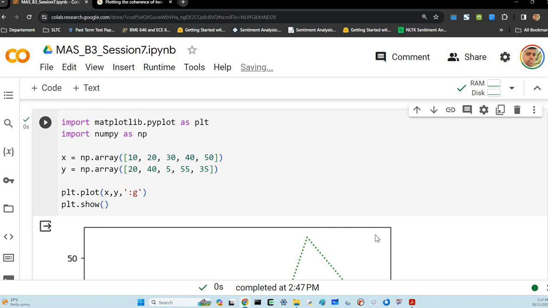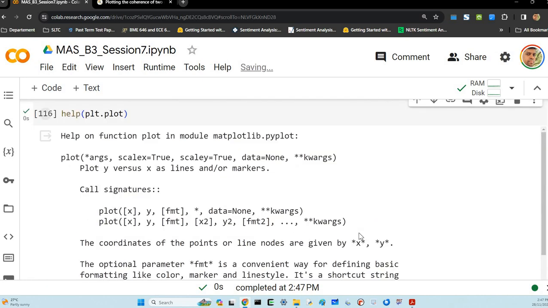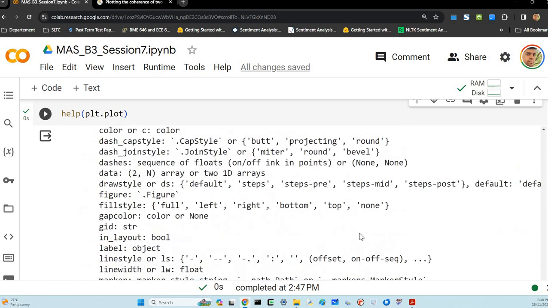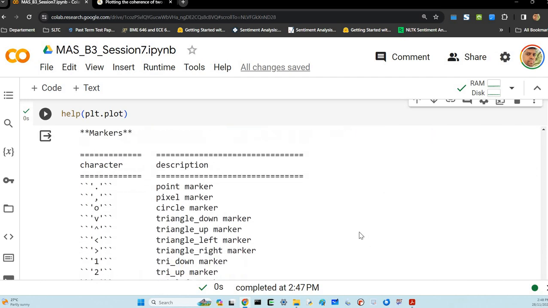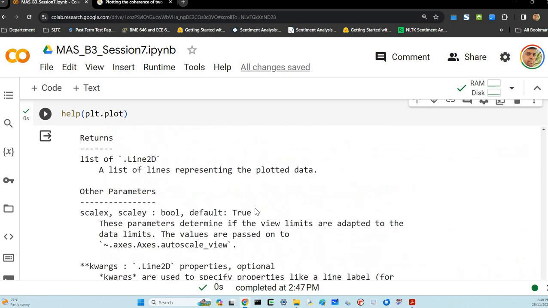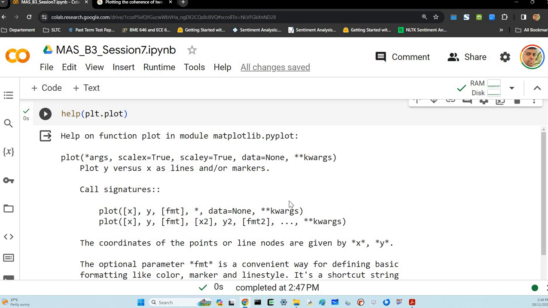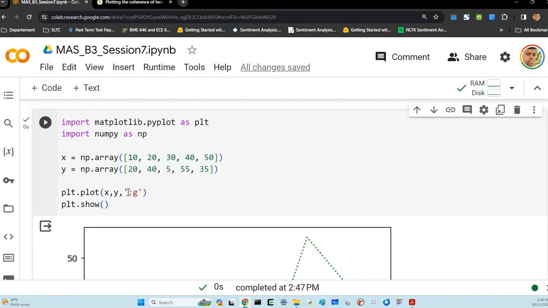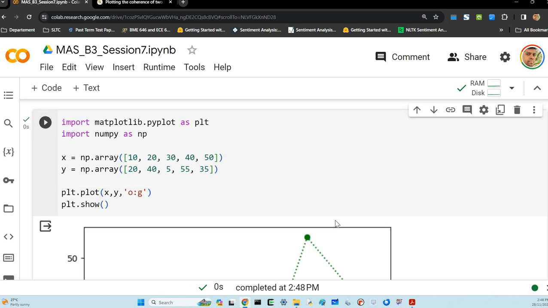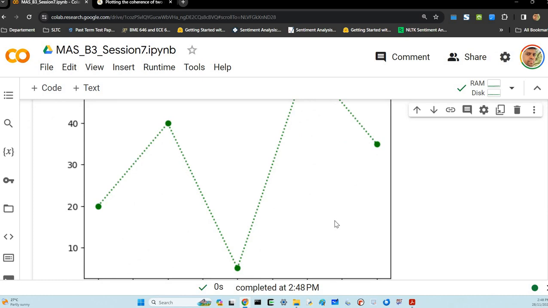The next one is a marker. If you look at markers here, you can see there are different markers available. So for example, if I type simple O, it's a circle marker. Simple V, triangle down marker. So let's try those two. So let me put O. Yes.